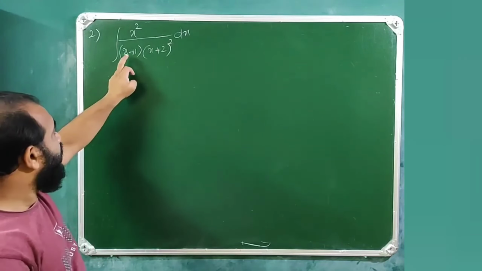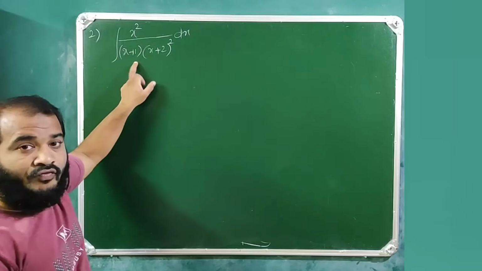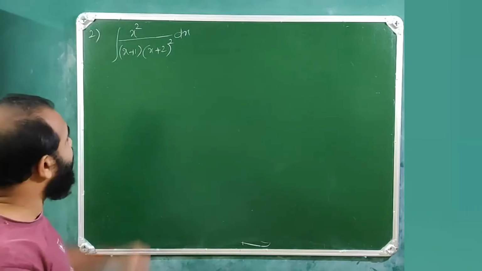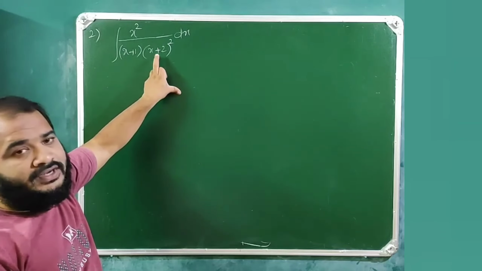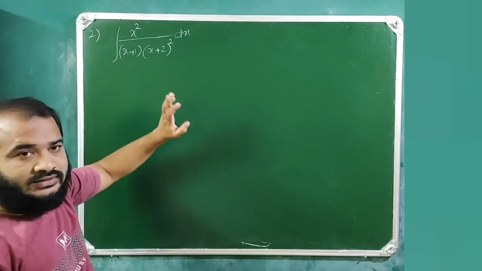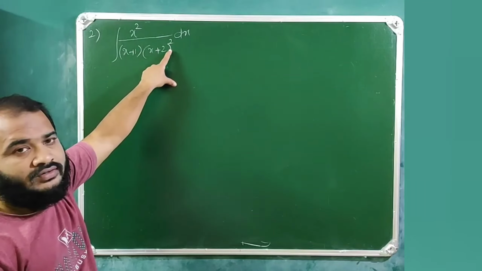Further, the denominator contains x plus 1, one non-repeated linear factor, and x plus 2 whole square, which is a repeated linear factor repeated twice. So therefore, x plus 1, x plus 2 whole square.